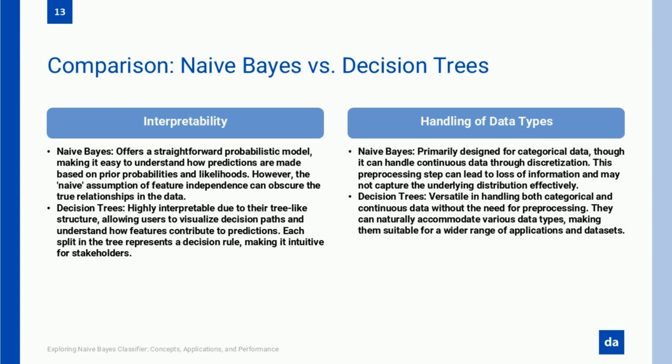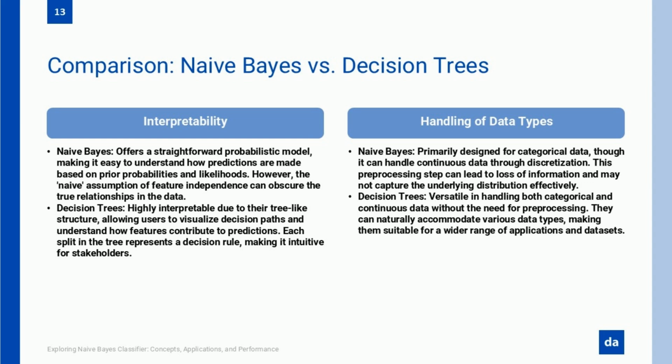Decision trees, on the other hand, are more versatile, as they can naturally handle both categorical and continuous data without the need for preprocessing. Instead of relying on probability calculations, decision trees split the data at each node based on feature importance, making them highly adaptable to different data types.